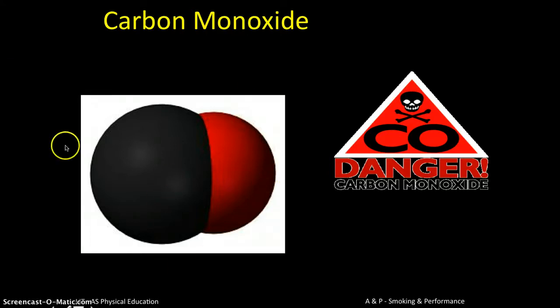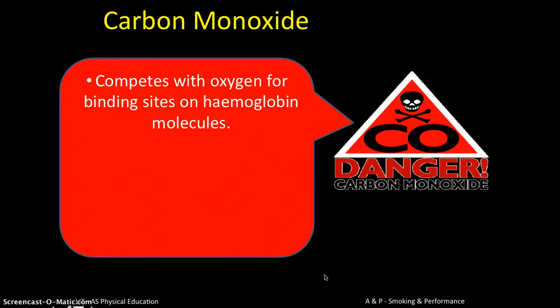So this here is a carbon monoxide atom. Now, the big deal about carbon monoxide is that it competes with oxygen to attach to hemoglobin. So we said previously, we know that oxygen normally attaches to hemoglobin and is carried around in the blood.